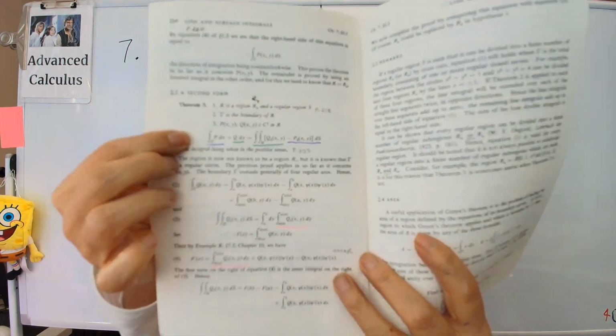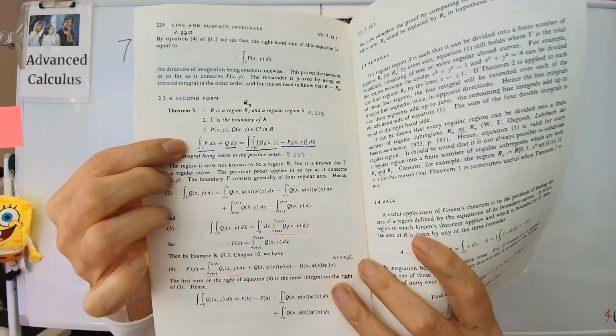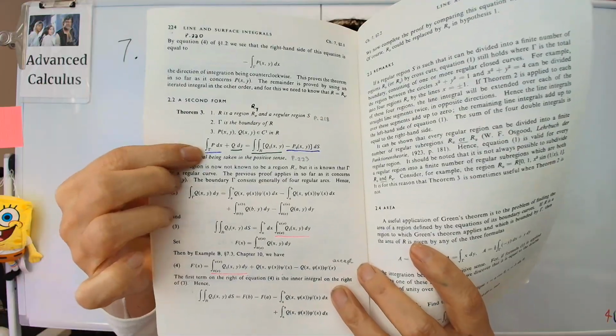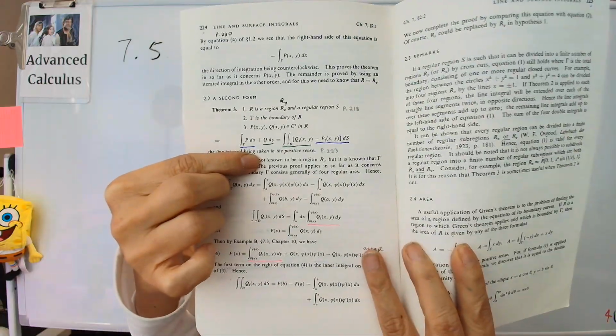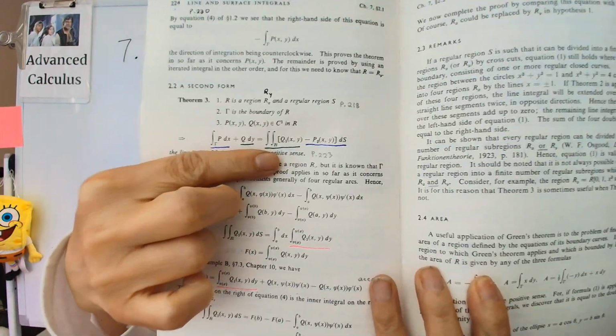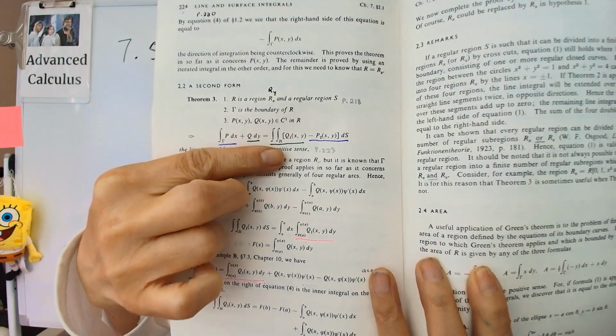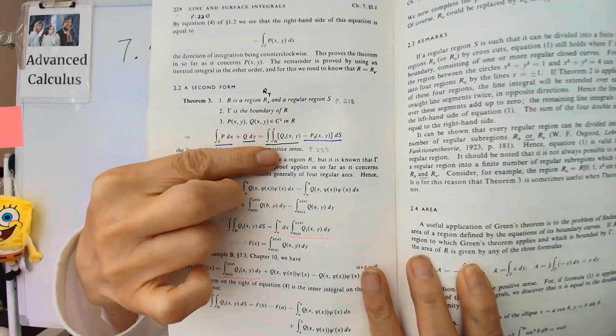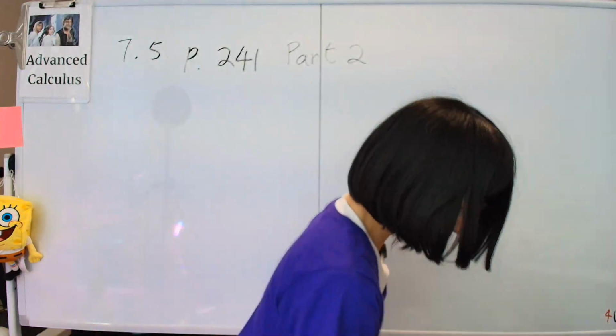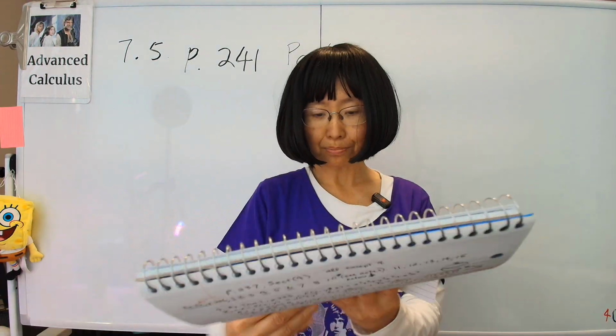Let's refresh our memory. Green's theorem says if we have p dx plus q dy integrated over the line gamma, that's the same as q1 minus p2 integrated over the area. So remember that, Green's theorem is q1 minus p2.